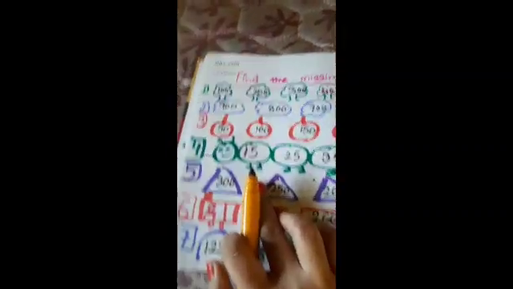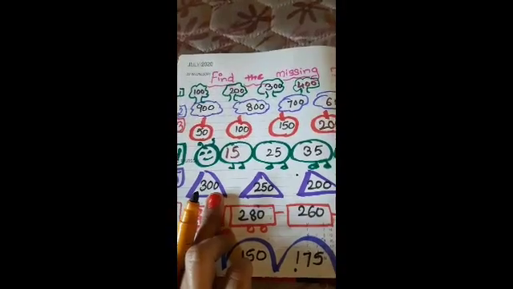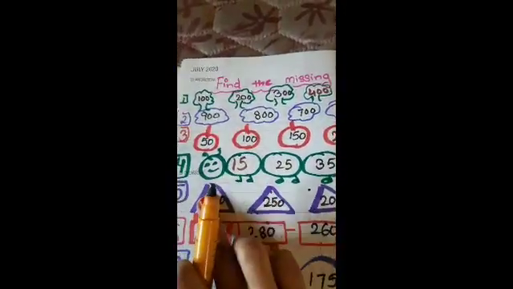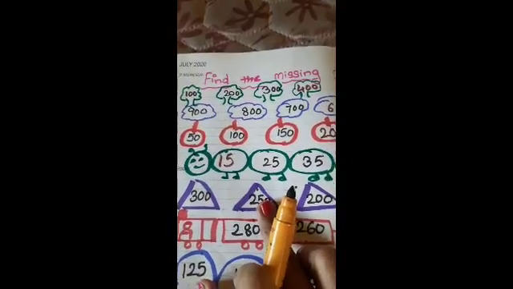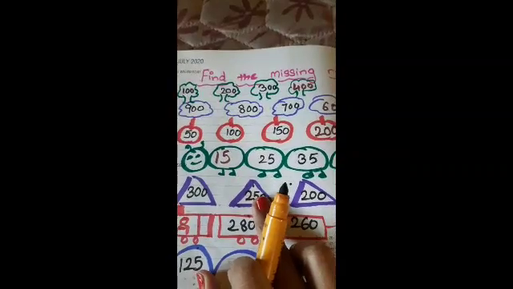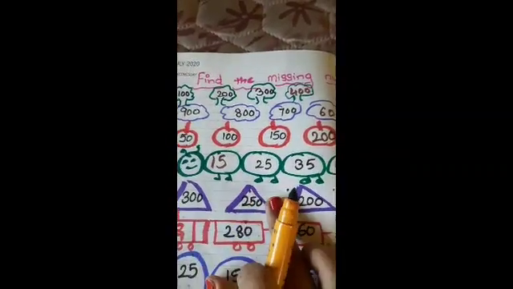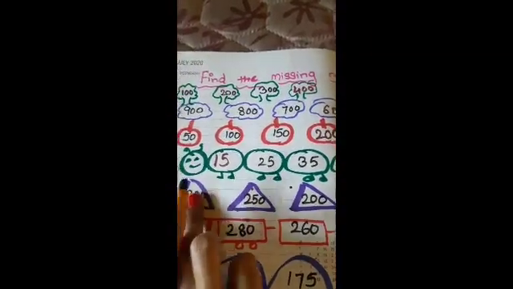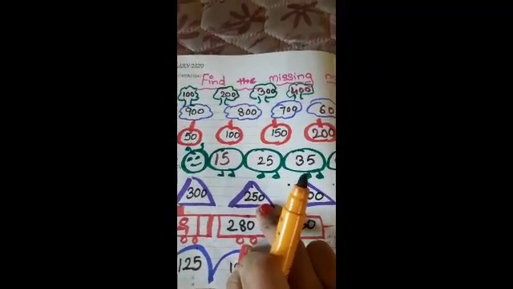Now the next one, fifth sum. In the triangles, purple triangles, the numbers are 300, 250. Now 300 to 250, there is a gap of 50. Okay. But have you noticed? It is backward counting. 300 to 250, 50 steps backward.